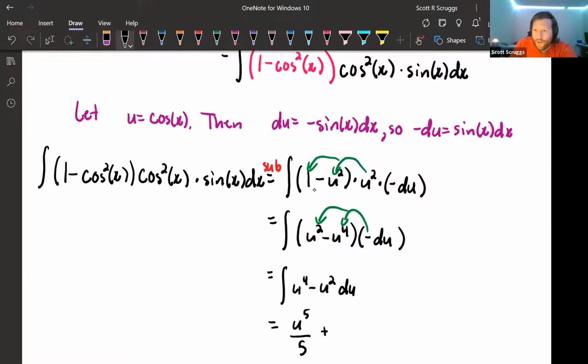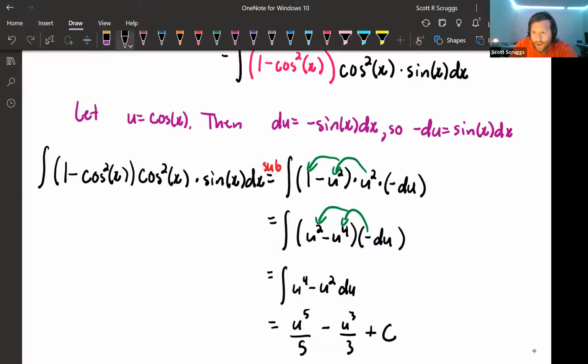The power rule for antiderivatives is add 1 to the old exponent to get the new exponent, divide by the new exponent. That should be a minus. I evaluate it, so I do a plus c.